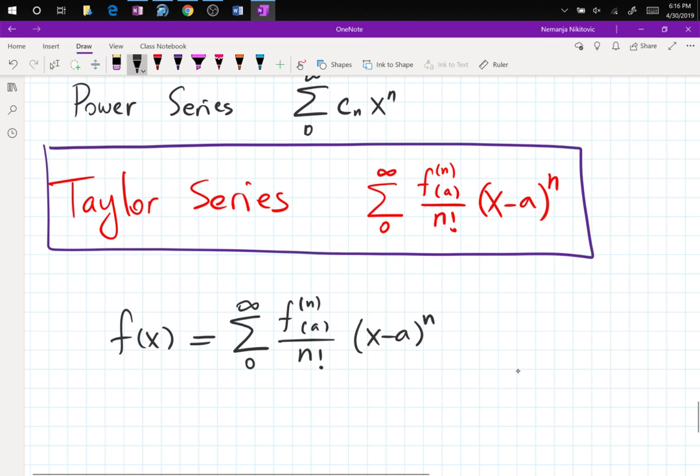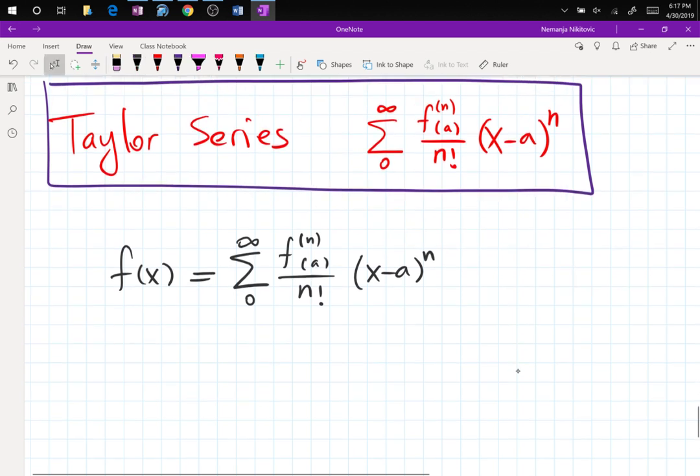However, we don't want to use infinitely many terms. What we do is chop it off after, let's say, 4 terms. If you chop it off after the 4 terms, then you are using only 4 terms of the Taylor series, which means your function is approximated by the Taylor series.